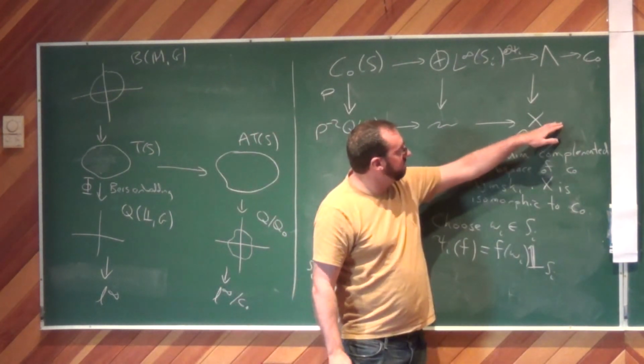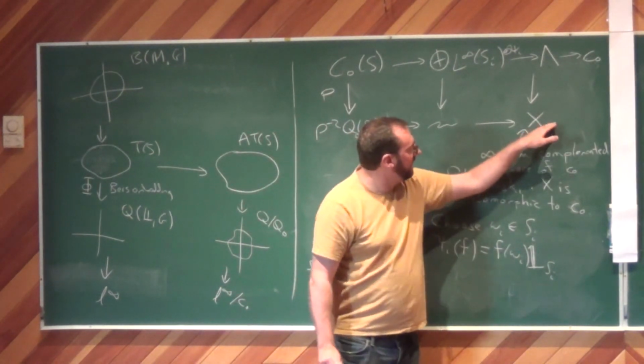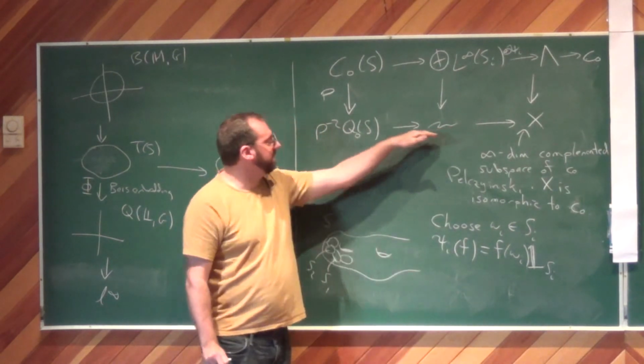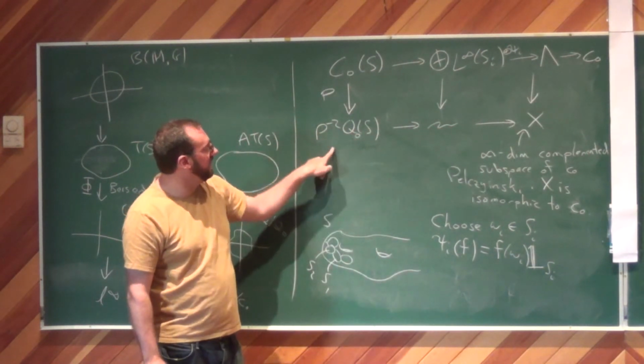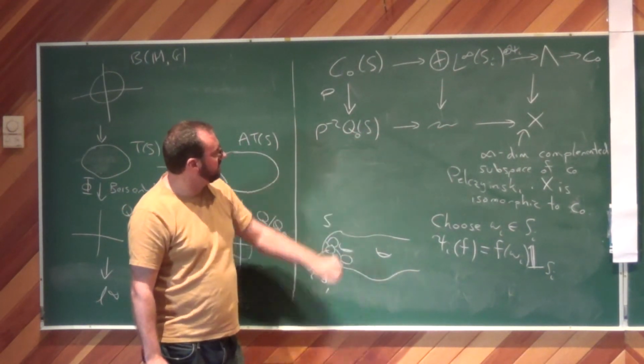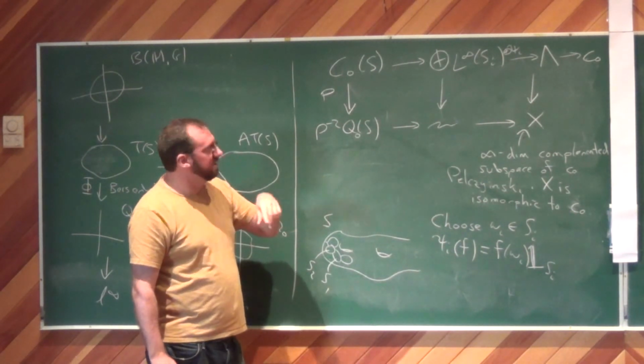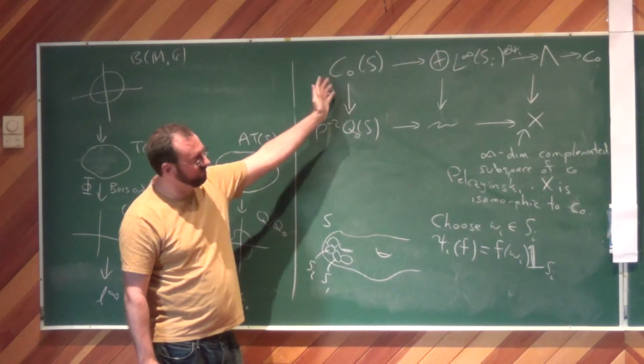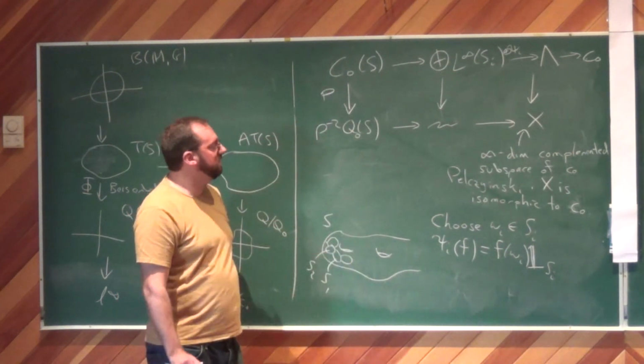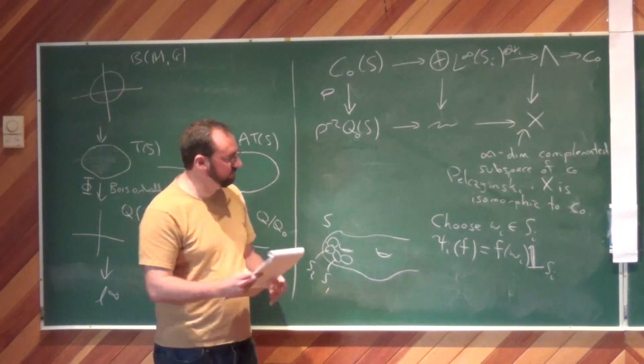So you get a bi-Lipschitz map between here and C0, and then you pull that back by these two relatively nice maps, and you get that this thing here is isomorphic to C0. You can do a similar construction for the Bergman spaces and the Q space too.